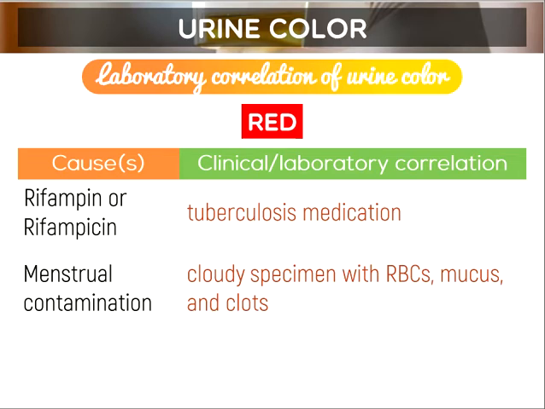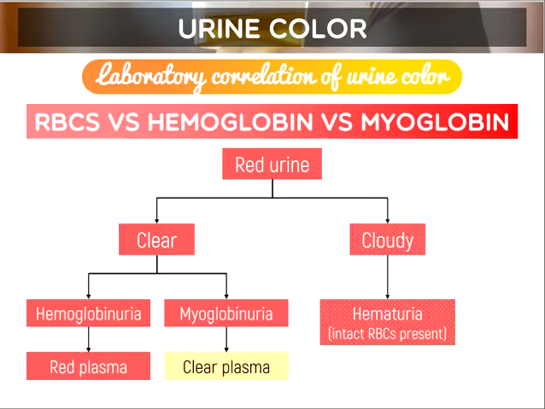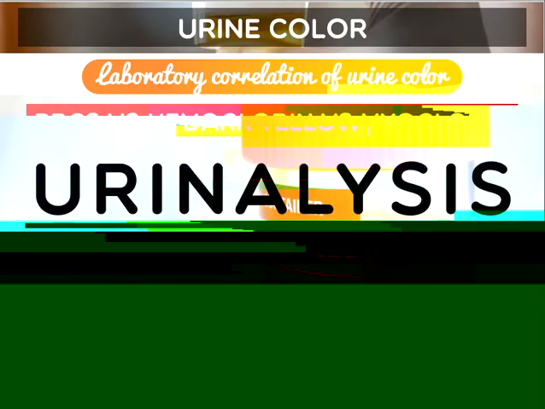So this laboratory correlation can be a cloudy specimen with microscopically seen RBCs, mucus, and clots. This is how you distinguish your RBCs, hemoglobin, and myoglobin. As I said earlier, is it clear or is it cloudy?